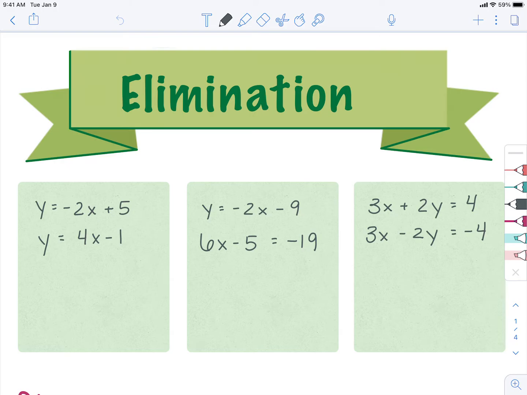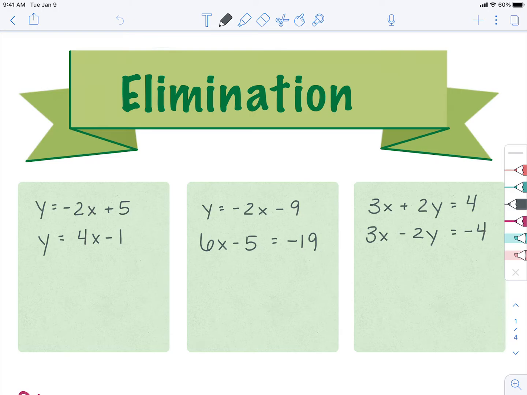But before we do that, I just wanted to look at 3 different examples with you so we can talk about which method would be the best approach or the fastest approach based on the way that the system is given to us. So if you look at that first green box, it gives us y equals negative 2x plus 5 and y equals 4x minus 1.